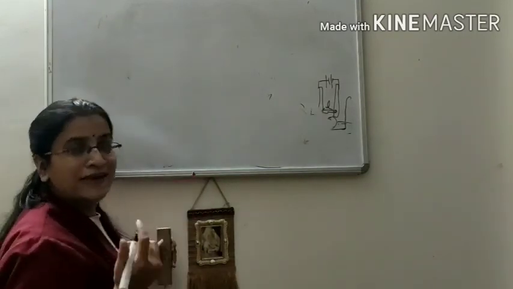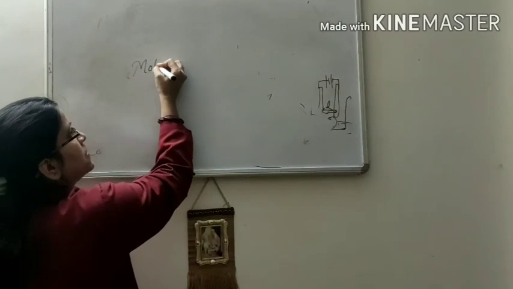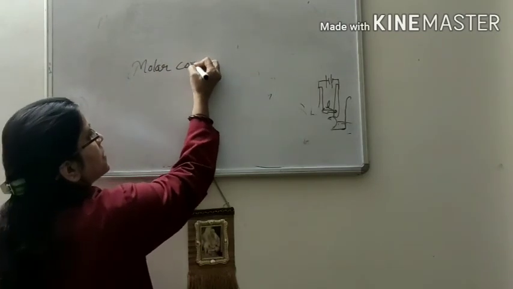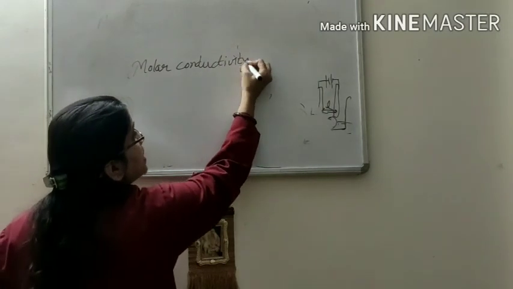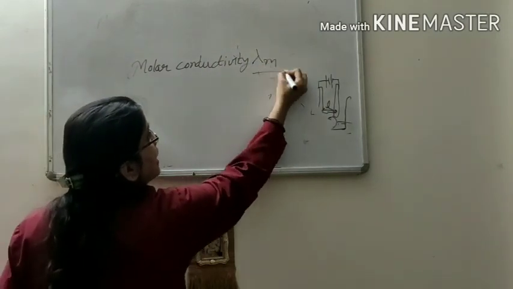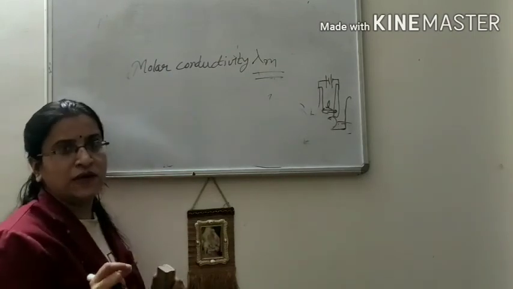Now, next is molar conductivity. This molar conductivity is denoted by lambda m. So what is this molar conductivity?